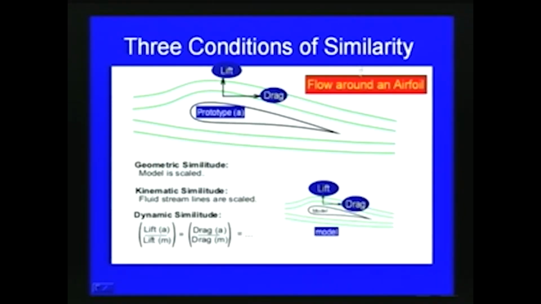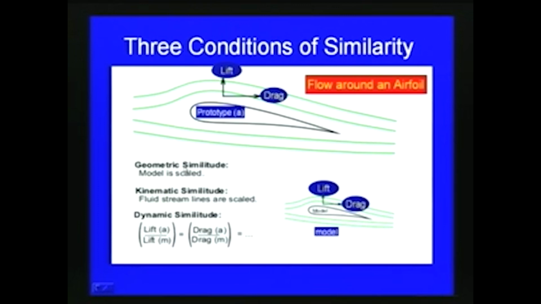Now, here we can see a flow over an airfoil. The flow is coming, and the airfoil is considered: this is the prototype, and this is the model. Corresponding to the prototype, the geometric similarity is met by considering the shape and size with respect to length, width and other parameters.